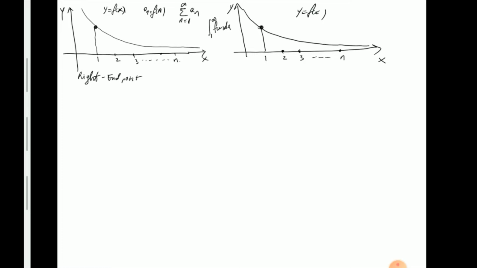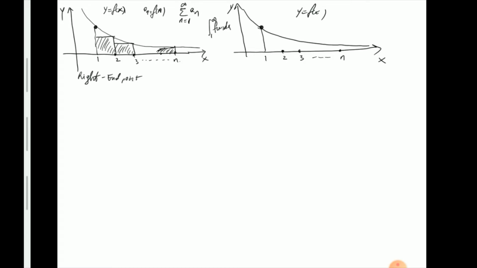If I keep using the right endpoint, I form a Riemann sum that approximates the integral from below. If I raise perpendiculars always over the right endpoint, so 2 for the interval 1, 2, 3 for the interval 2, 3, and so on, I always approximate the integral from below.